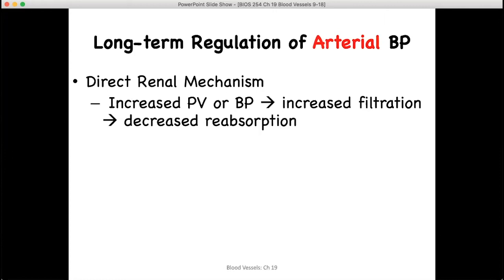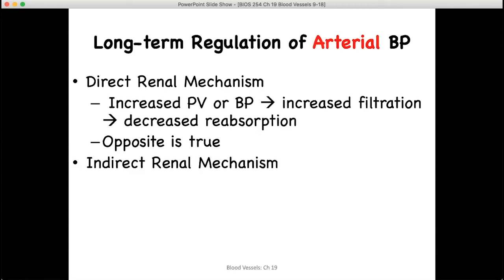If your blood pressure is elevated, this will increase the filtration rate, decrease reabsorption, and therefore increase urine output, returning blood pressure back to normal. The opposite is true. A decrease in blood pressure will decrease filtration, increasing reabsorption, and decrease urine output.